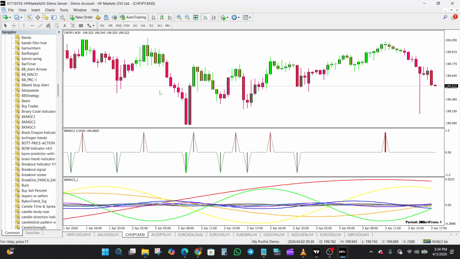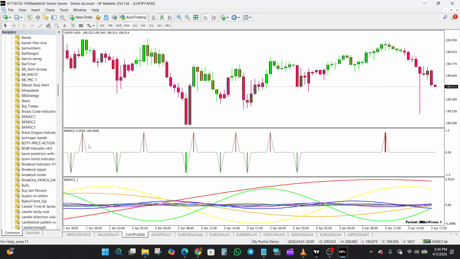It doesn't matter whether it's a bullish candle or a bearish candle. So long as the momentum is bearish, the candles will all be painted with these red vertical lines. Then when the momentum is bullish, you will notice that the candles will be painted with these green vertical lines, irrespective of the color of the individual candle.